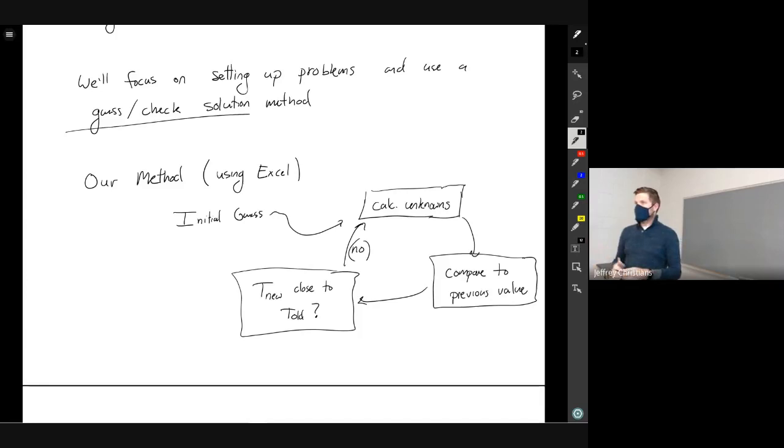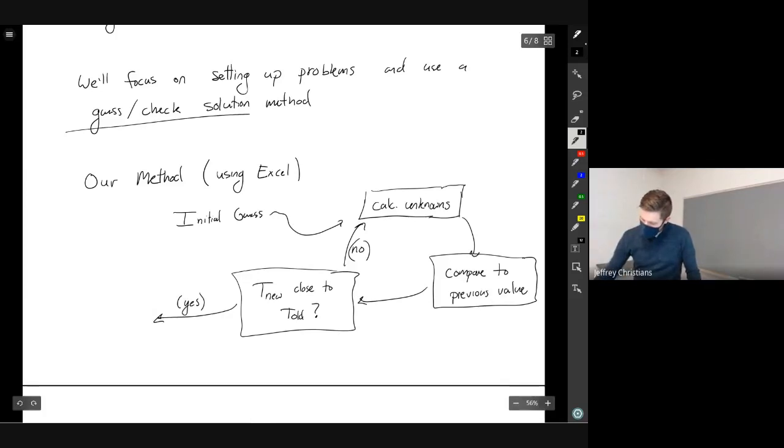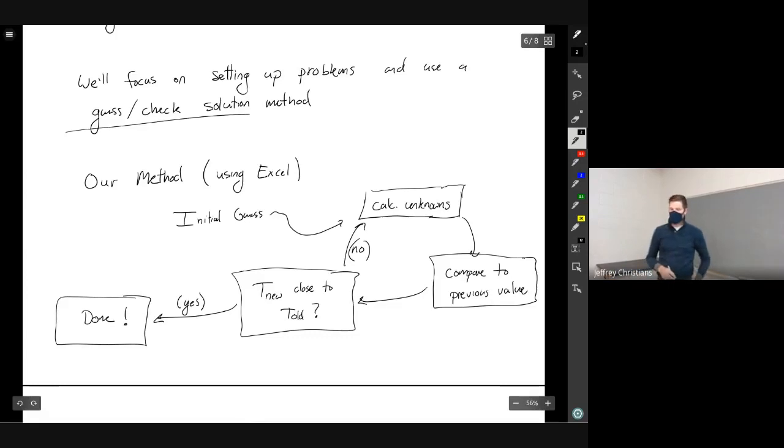But once we finally are, say our old value was 293.4 and our new value is 293.39, we go, aha, we're really close. We're converging on a solution. That's when we're going to pop out, and we'll call that our solution.